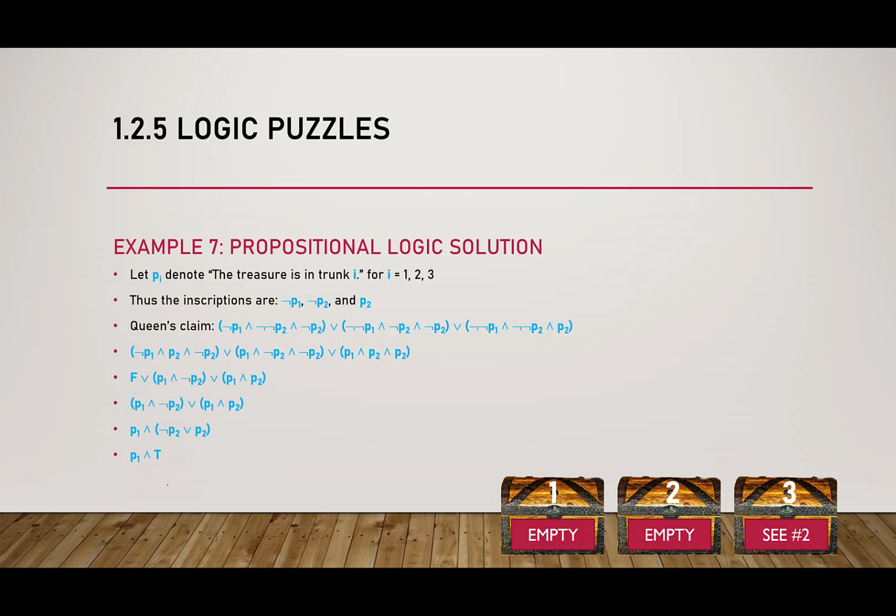Okay? And if you think about that, that makes some sense. If P1 is true, well, what's true and true? That whole thing evaluates to true, right? So if P1 were true, then we have something that's true and something that's true, which means that whole thing is true. Okay? If P1 were false, however, you have a false and true. Well, what's that evaluate to? False, right?